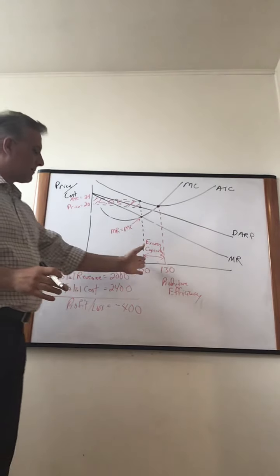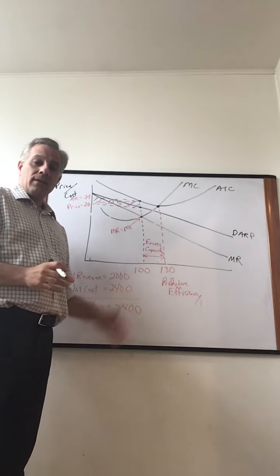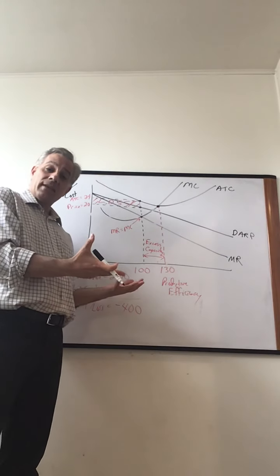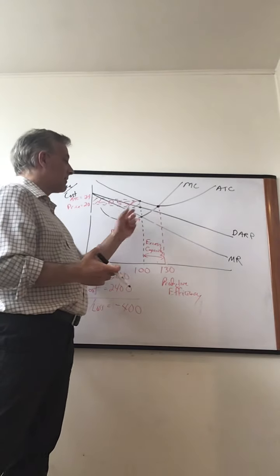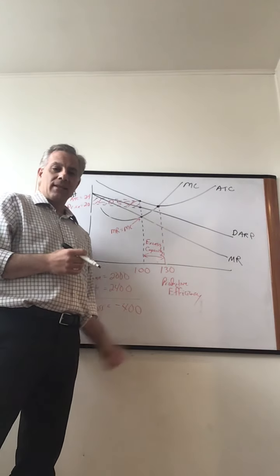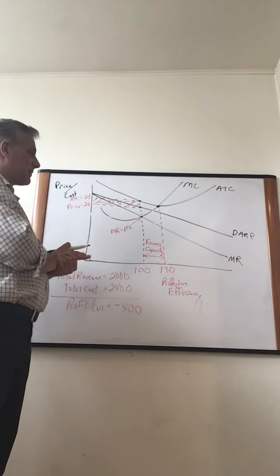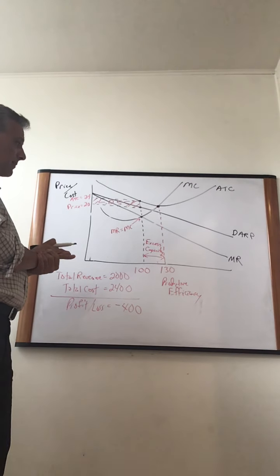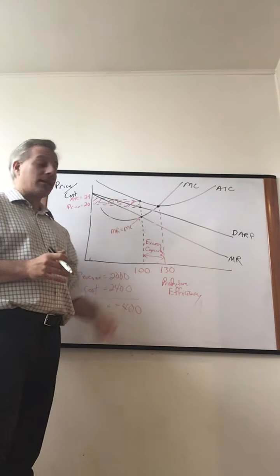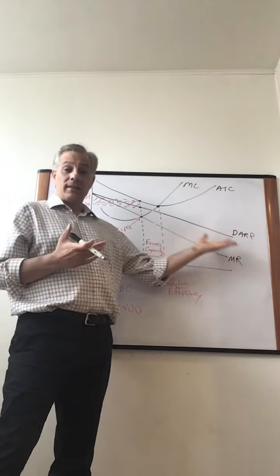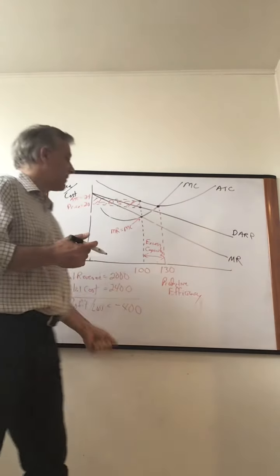Now, normally I don't want to go through making the long run equilibrium graph, but understand that perfect competition is similar to monopolistic competition, in that in the long run it'll end up at normal profit. It's a little less obvious what the long run price is, but it is going to end up where price equals average total cost. Why? Monopolistic competition is easy to join, easy to leave.